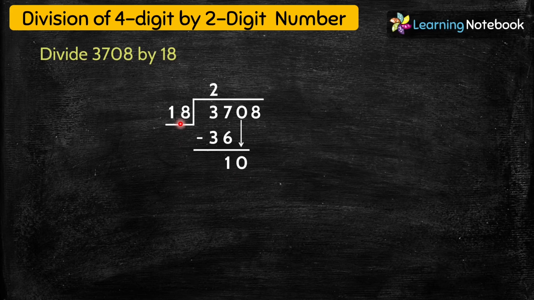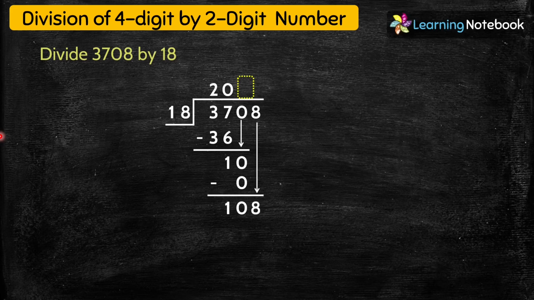So we will do 18 into 0 equals 0, and 10 minus 0 equals 10. Now students, we will copy the last digit 8. So now we have to divide 108 by 18.